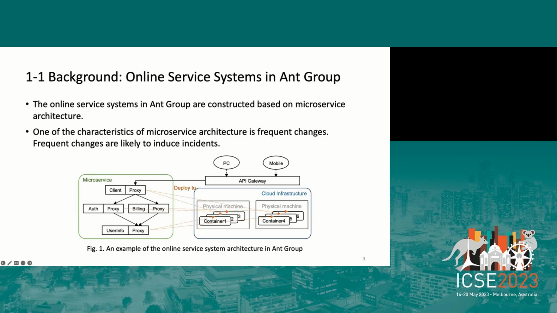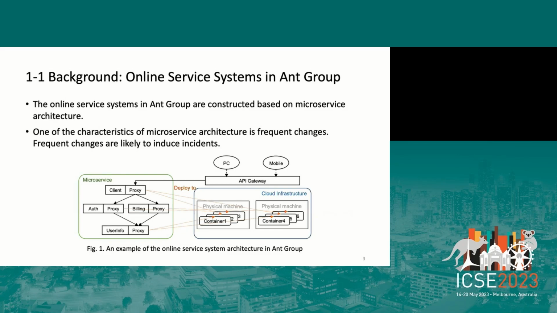As shown in Figure 1, the online service systems in our group are constructed based on microservice architecture. The system consists of more than 3,000 microservices running on over 1 million containers and serves a billion users.